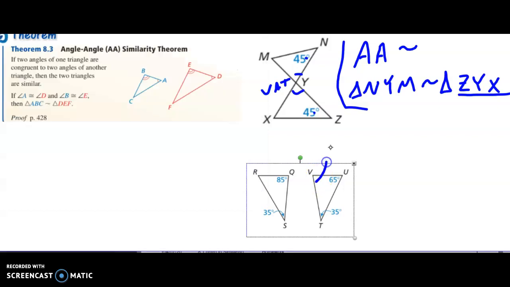So this value right here is 80. So they're not similar. So we're going to say not similar. That's angle angle. We're just looking for that.